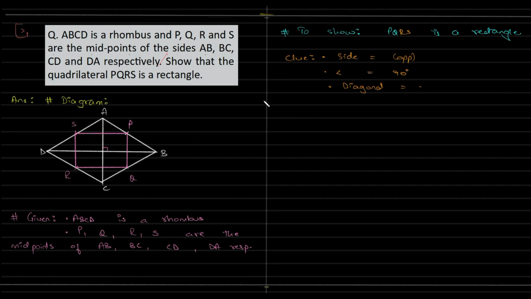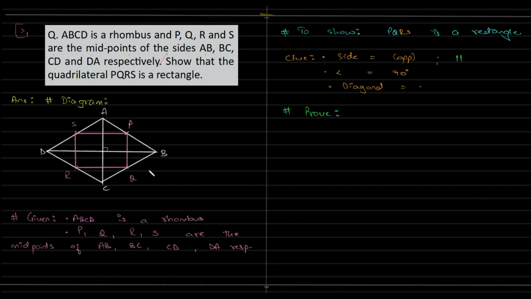So the next step is to talk about how to prove things. We can begin with the sides being equal and parallel. If we prove that one pair of sides is equal and parallel, then it's a parallelogram. And then if I prove that the diagonals are equal, then it's your rectangle.